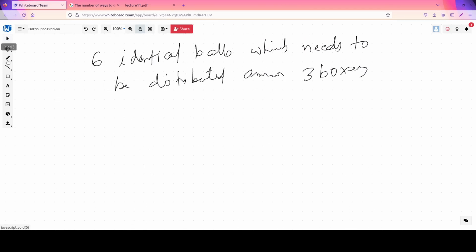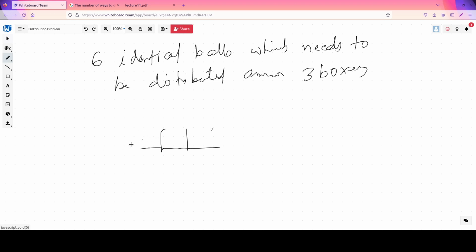Okay, so we have 6 identical balls which need to be distributed among 3 boxes. So let's represent these 3 boxes like this, right? This is box 1, this is box 2, and this is box 3.